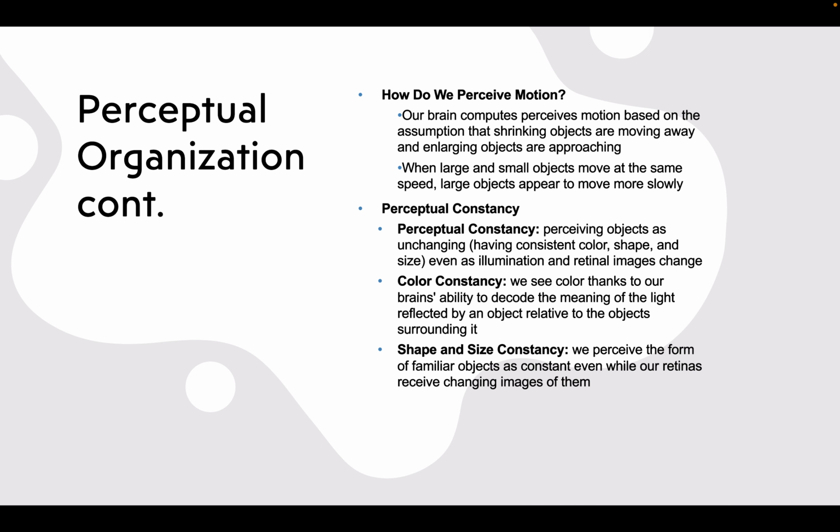So we process motion in a pretty straightforward way. If it gets bigger, it's coming towards us. If it's shrinking, it's going away from us. It gets a little complicated when large and small objects are moving at the same speed. In general, the larger objects will appear to be moving more slowly.